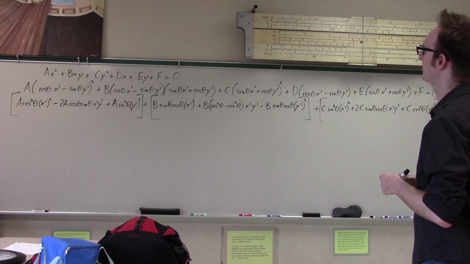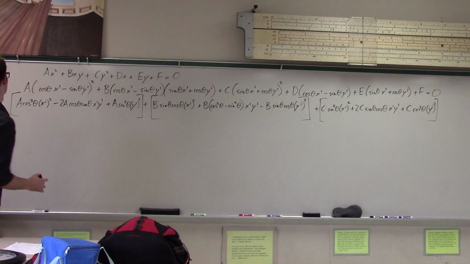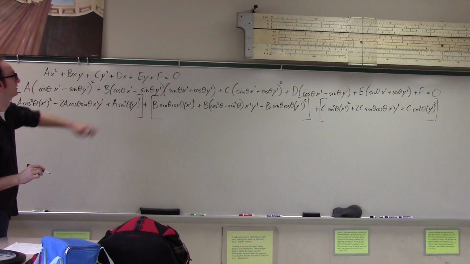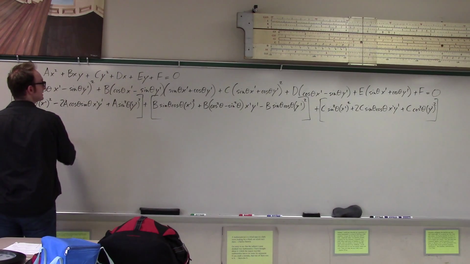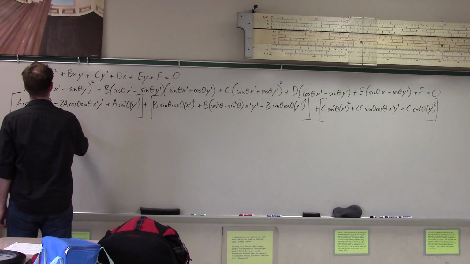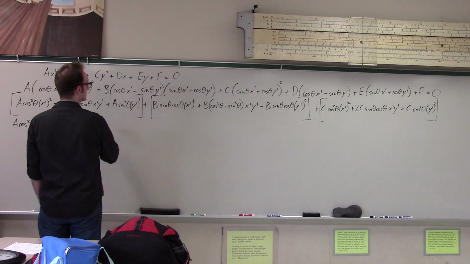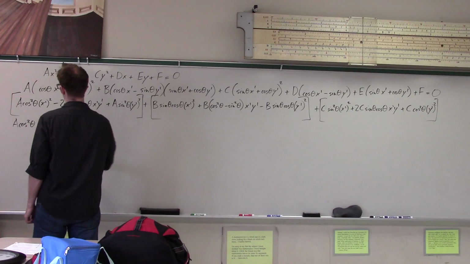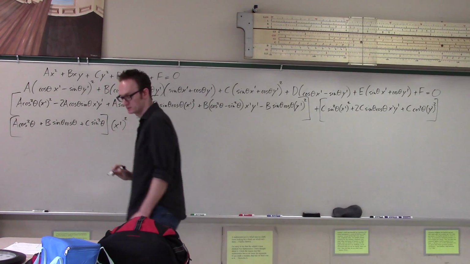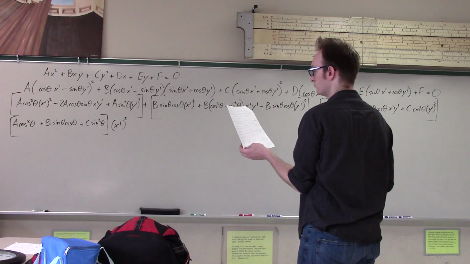So let's collect all the x prime terms. So I have, so that is the coefficient of x prime squared.